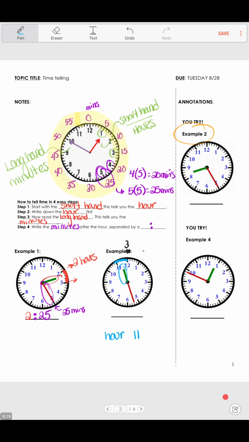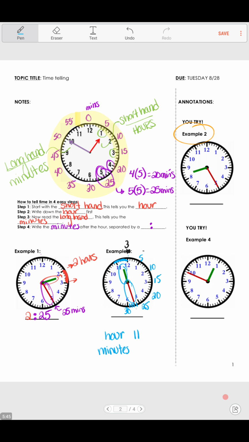Okay, now we look at the longhand for our minutes, and we count. 0, 5, 10, 15, 20, 25. So now this one's in between. If you see these little lines, this would be 26, 27, 28, 29.